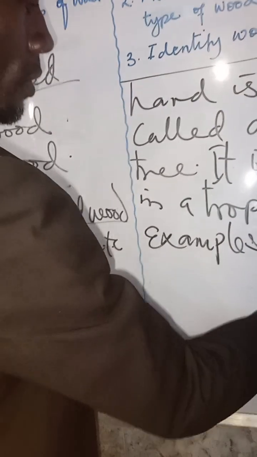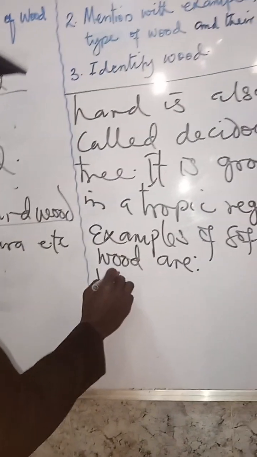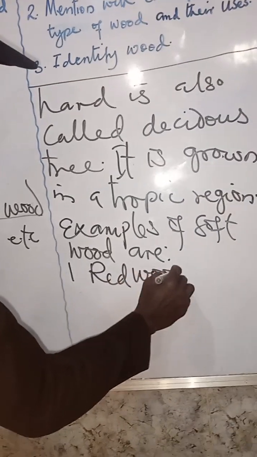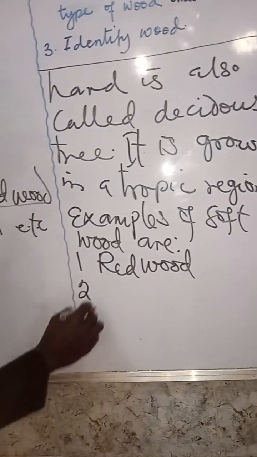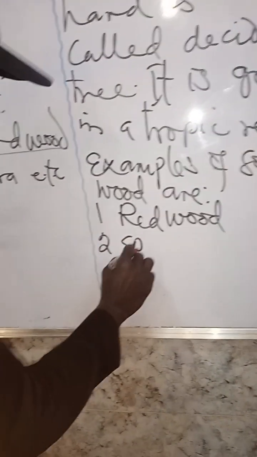Examples of softwood are: one, we have redwood. Two, we have spruce.